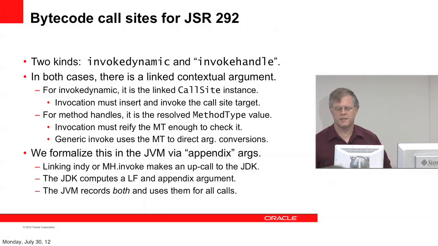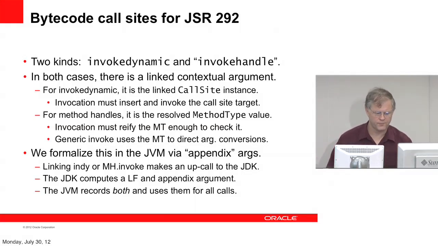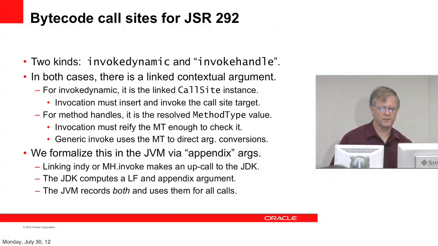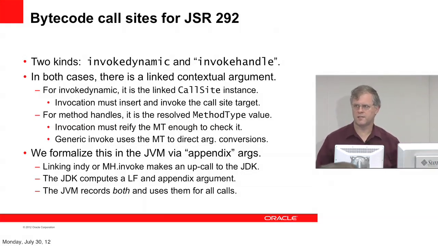When you link one of these call sites, the JDK is asked for a contextual argument, which the JVM links into that call site. The JVM therefore grabs two pieces of information, a behavior pointer, which is a Lambda form, and a trailing argument, which we call the appendix. With invokedynamic, the appendix is the call site instance that's associated with that invokedynamic site.